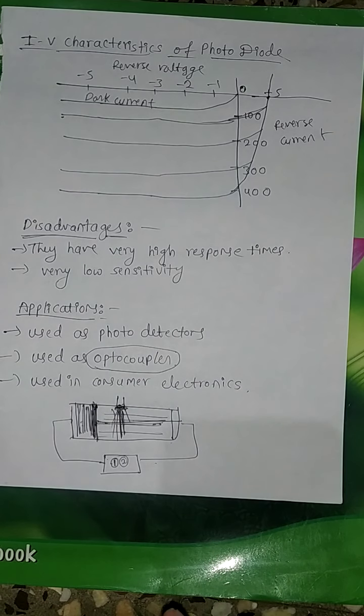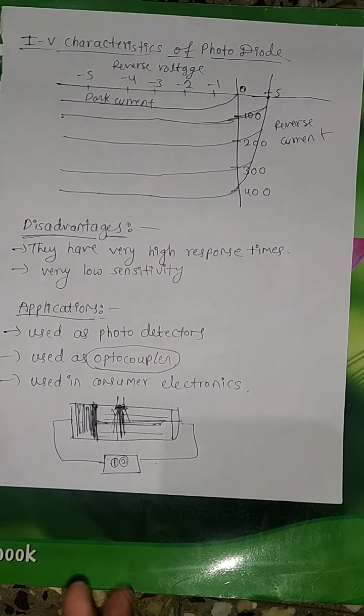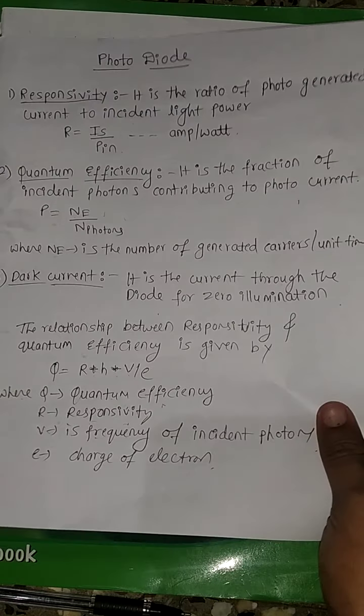In that manner they go on counting how many persons are going inside the mall and passing out of the mall. So this is how in day-to-day life we use photodiodes. This is all, and here your photodiode concept is over.